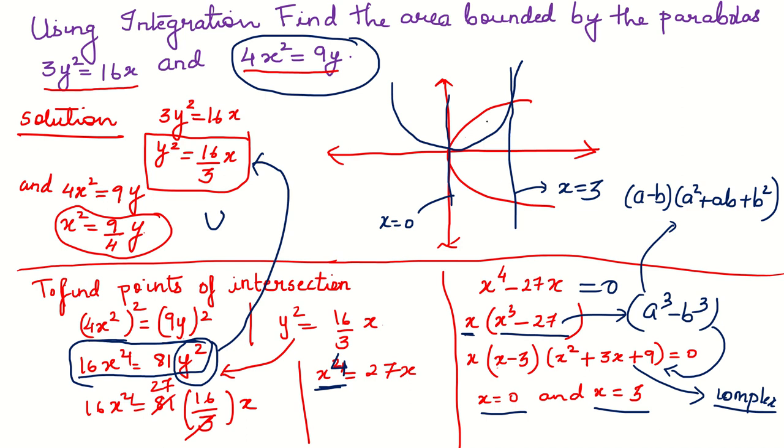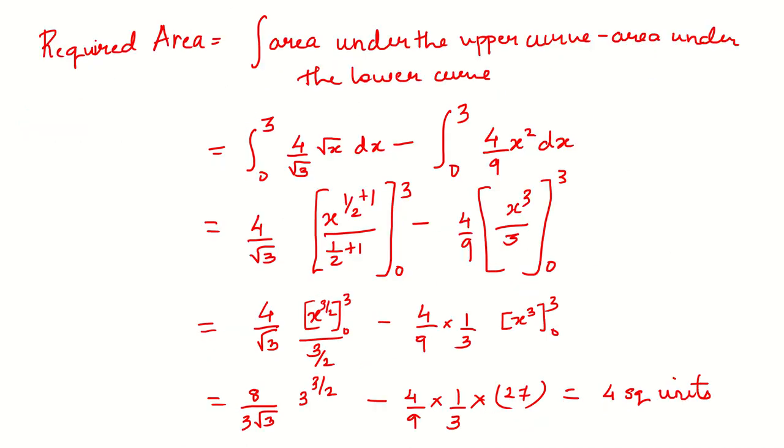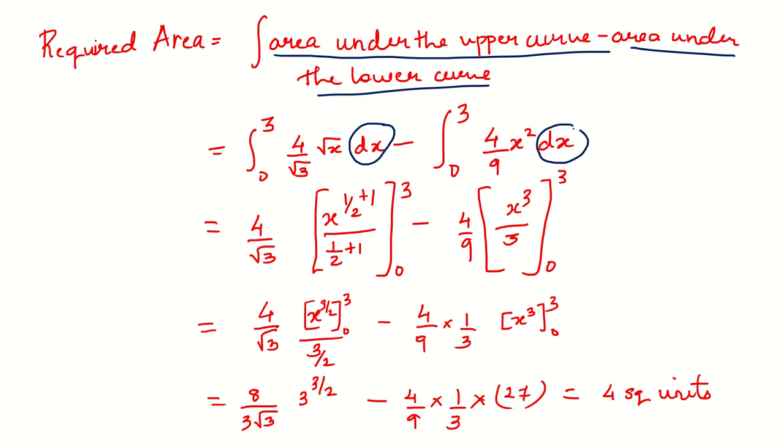Since it is enclosed by two curves, the first curve is y square is equal to 16 by 3x, and the lower curve is x square is equal to 9 by 4y. And you remember I have told you the required area is the area under the upper curve minus the area under the lower curve. If I'm integrating with respect to x, I have to convert my equations in terms of x.